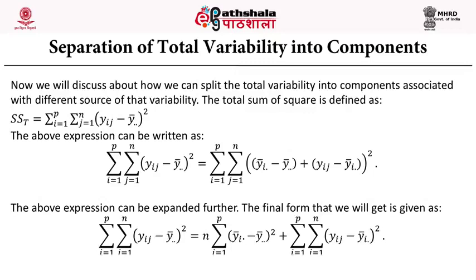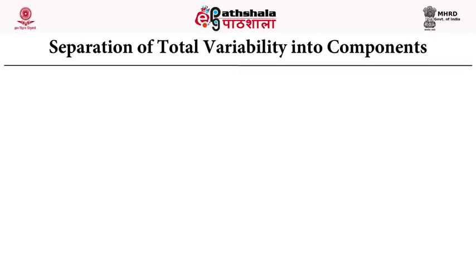The final form that we will get is given here as the double summation of (y_ij − ȳ..)², which is equal to n times the summation of (ȳ_i. − ȳ..)² plus the double summation of (y_ij − ȳ_i.)².